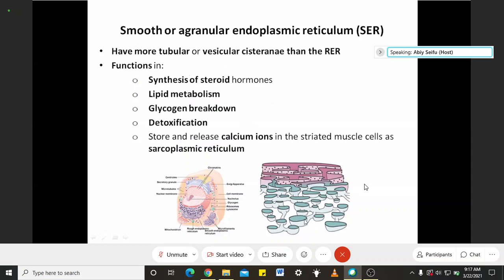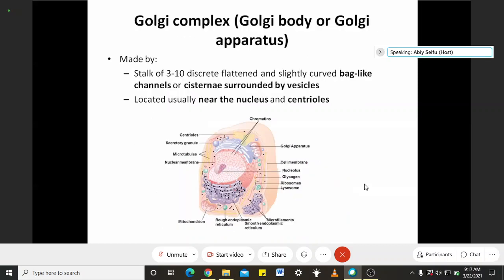This is where it is found, and this is what I can tell you briefly about the smooth endoplasmic reticulum, which, same as the rough endoplasmic reticulum, is made of channels of tubular structures which are branching and anastomosing, but it does not have ribosomes, and it has a different function compared with the rough endoplasmic reticulum.